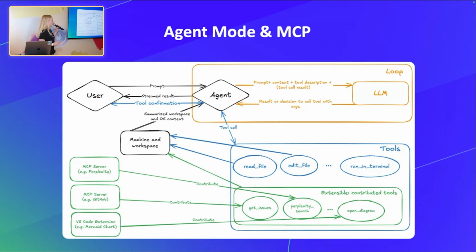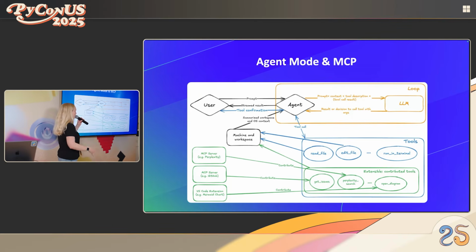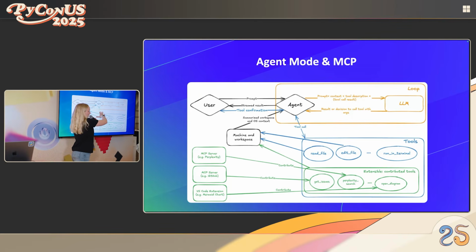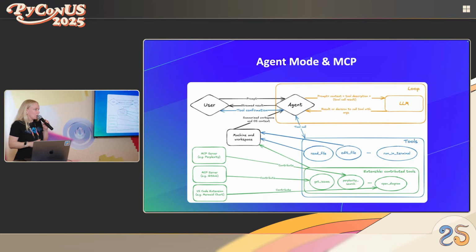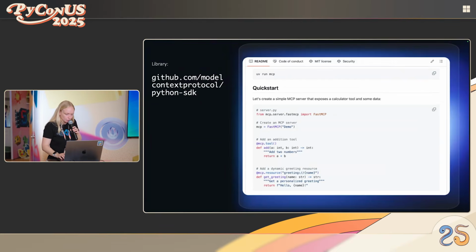So this is how all of those things flow together in VS Code, and this is what we're going to be using today to build our MCP server. So my MCP server is going to get the PyPI information. I'm going to contribute a tool that's going to get the PyPI info. And then my agent, Copilot, can call this tool, get PyPI info, to then hopefully help answer that question I asked originally in more than 3 conversation turns, which is what it took without any extra info.